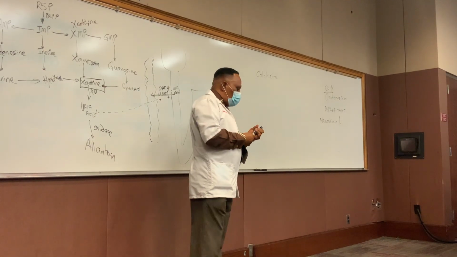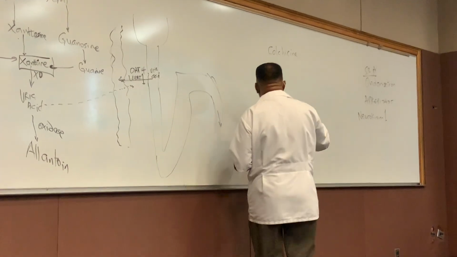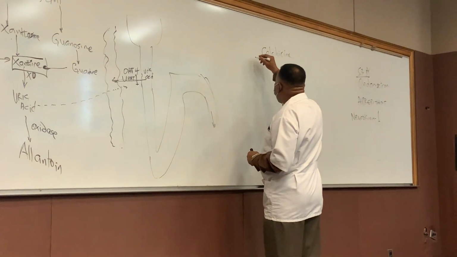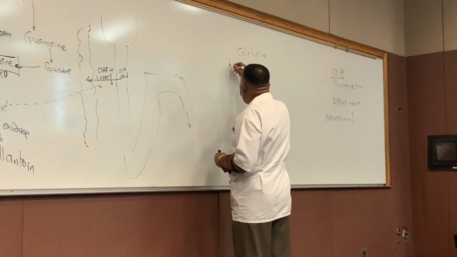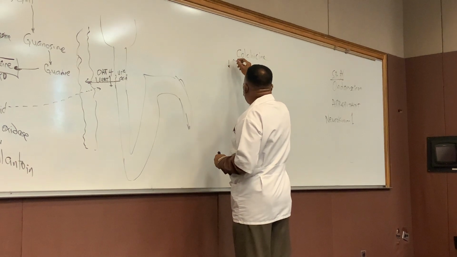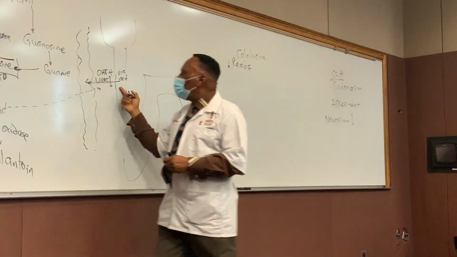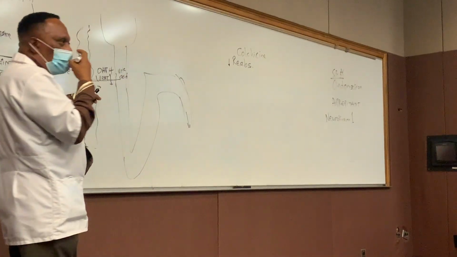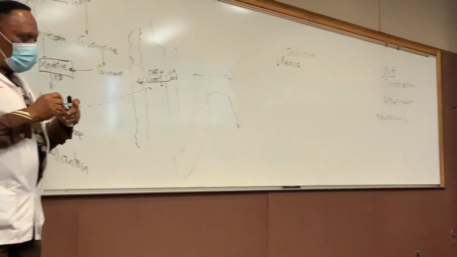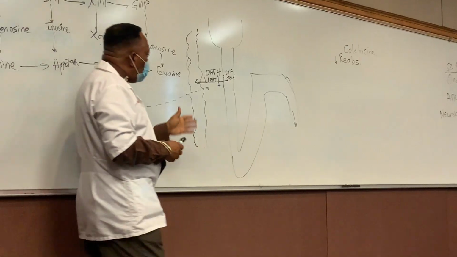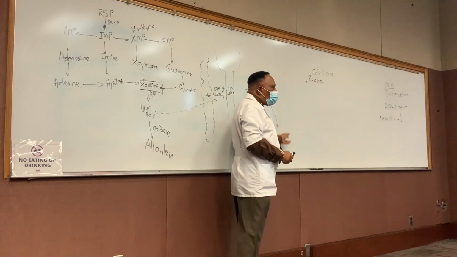And 2, you want to decrease the amount that is reabsorbed from the GI tract. If you decrease the amount that's reabsorbed, it means that more will be going out through the urine.